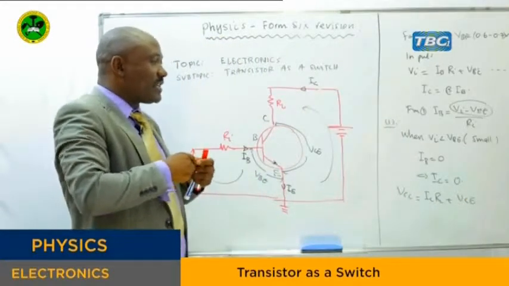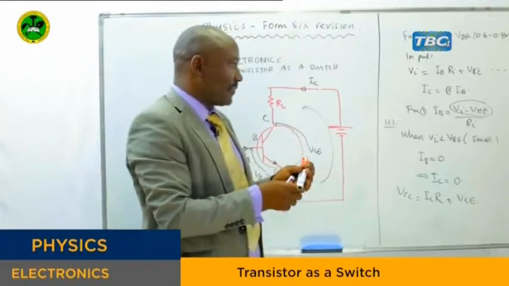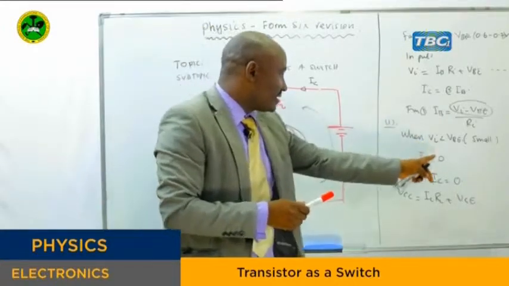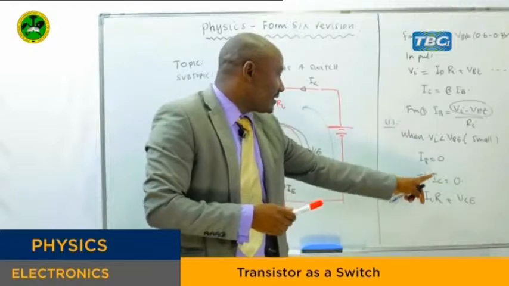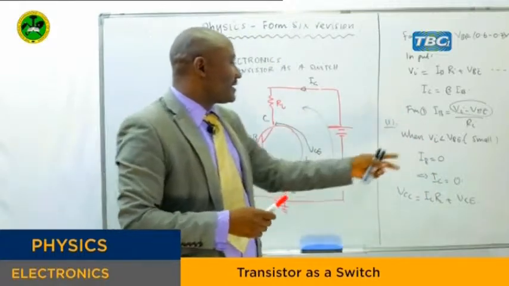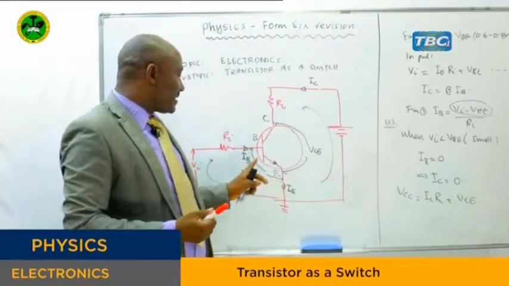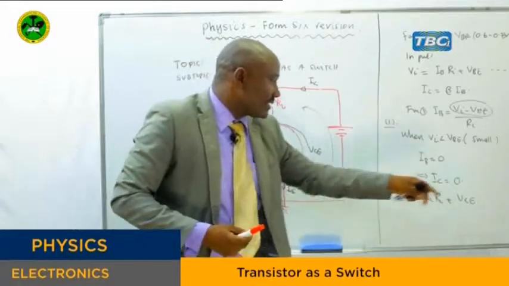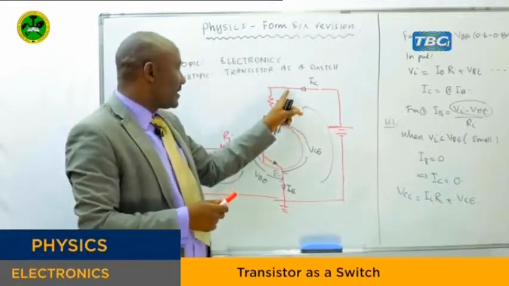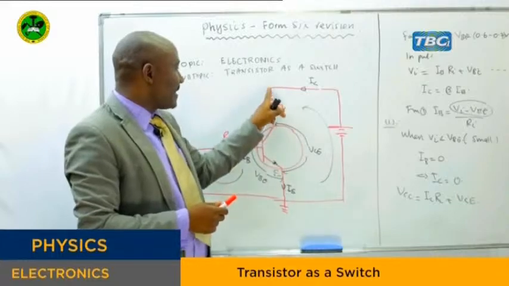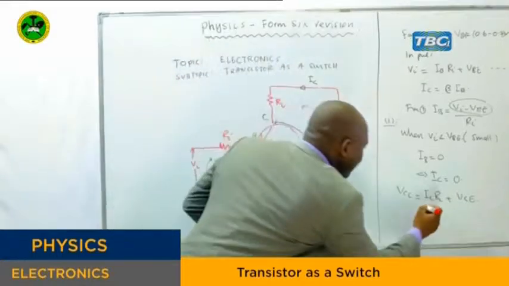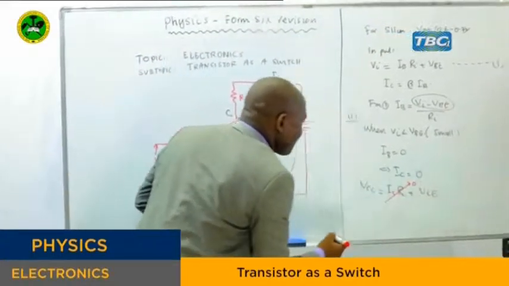So let's see now the implication of that. When the input is very low, so that it cannot produce any base current, automatically the collector current will be 0. The current across RL will be 0. And if this is 0, the whole of this term will be 0.